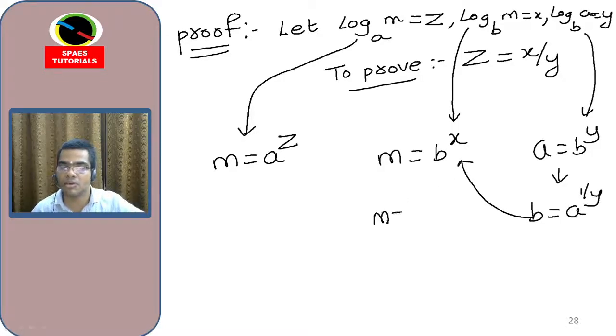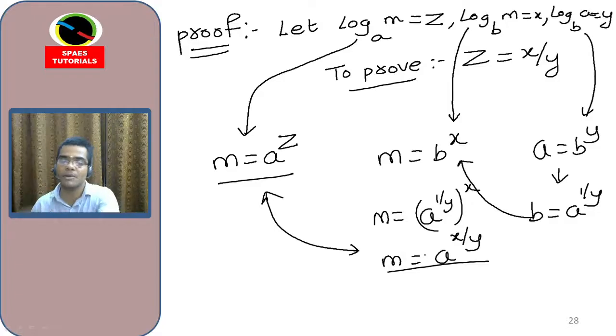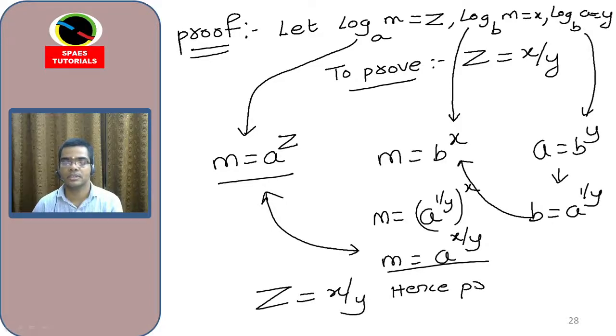Then m is going to become a power 1 by y, whole power x. So m is a power x by y, and here we have m equal to a power z. Compare these two equations. M is equal to a power something, and here m equal to a power something. So the two somethings should be equal, that is z is equal to x by y. Hence proved. I think this should be very clear for all of you.